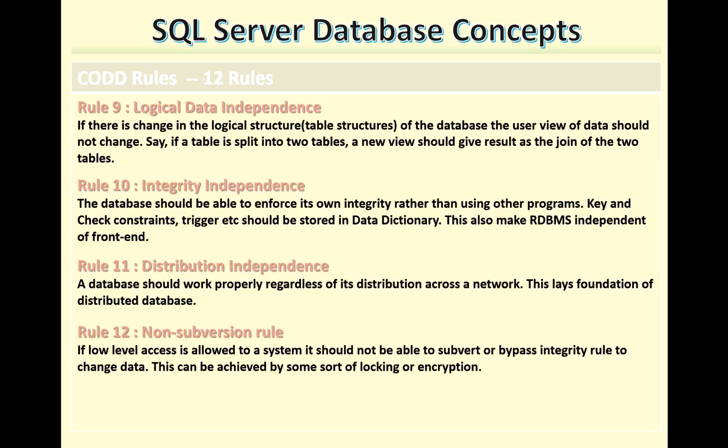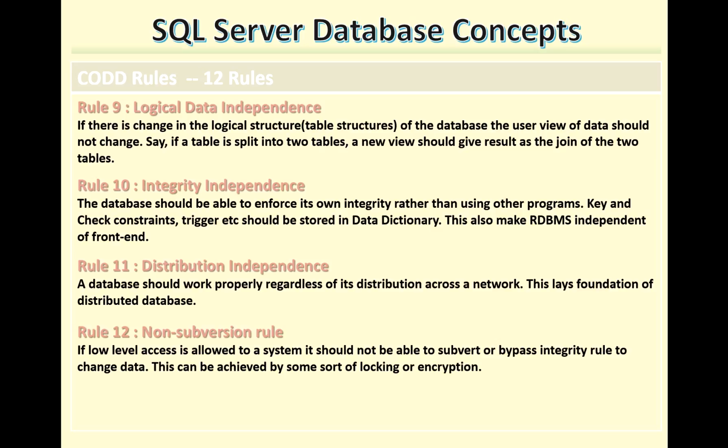Okay, non-subversion rule. If low level access is allowed to a system, it should not be allowed to subvert or bypass the integrity rule to change the data. This can be achieved by some sort of locking or encryption. So what does it say? If low level access is allowed to a system, it should not be able to bypass the integrity rule. So let's say we are allowing some other applications to access this data, they should not be able to bypass the integrity rules.